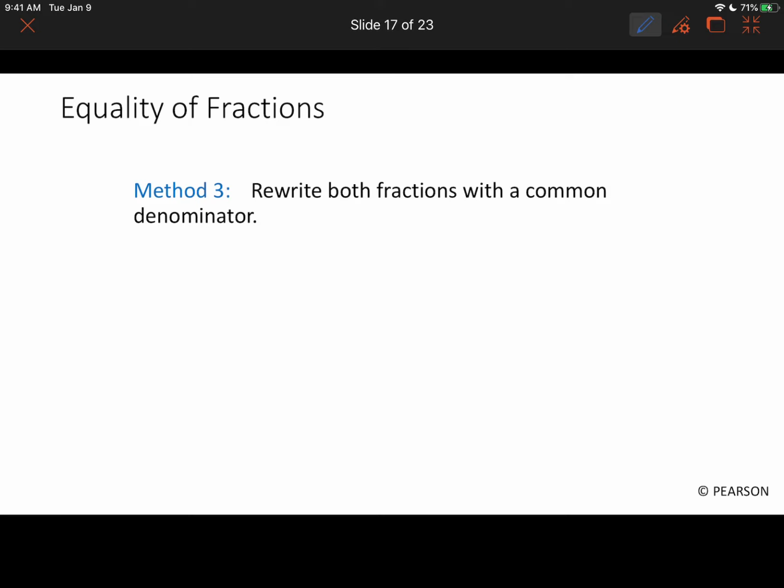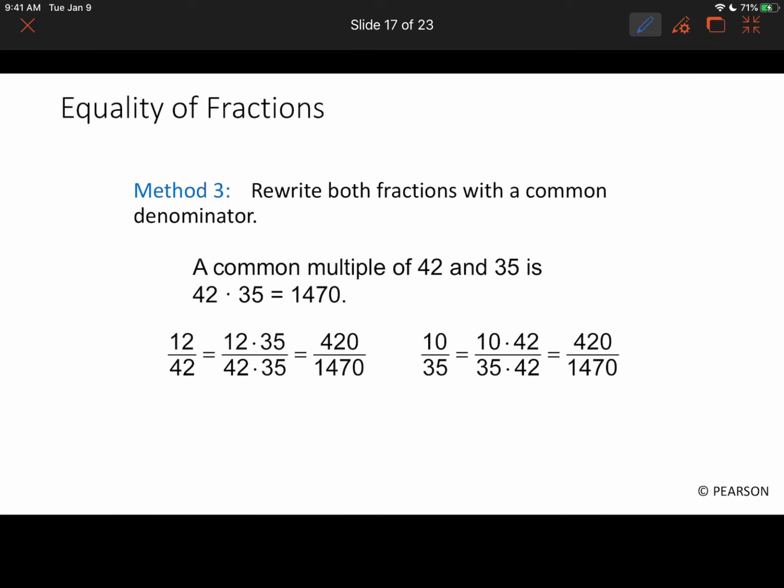All right, here's a third method. Let's rewrite both fractions with a common denominator. Maybe I could find a better choice for a common denominator than just using the least common multiple. Maybe I'm having trouble finding the least common multiple, and so I just multiply 42 times 35. That's going to give me a common denominator of 1470.